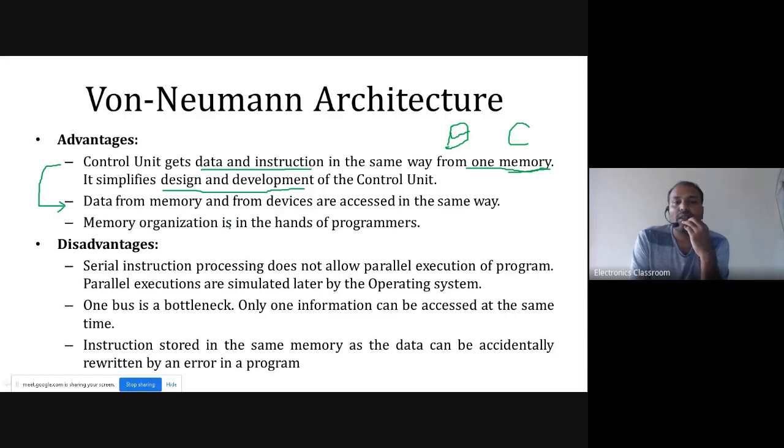So memory organization is in the hands of programmers. Since only one memory is used here, programmers are responsible. Programmers means we. Since we are writing the program, we are responsible for storing code in the exact memory location, and data in the exact memory location.